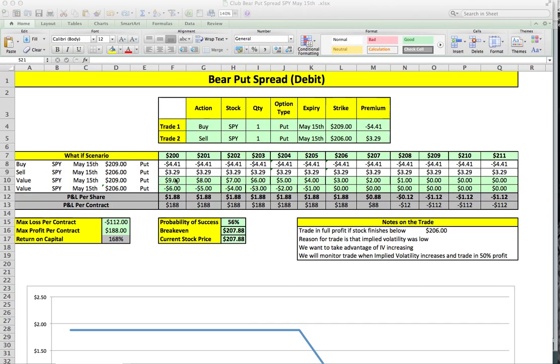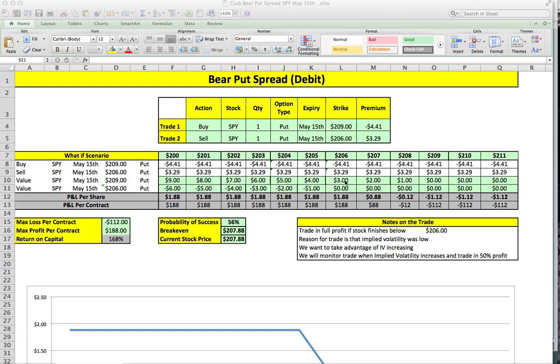This is the in the money value of that option. Just think about it logically: if you've got a piece of paper that allows you to sell something at a higher price than what it's currently worth, that contract has to be worth at least the difference. The difference between 200 and 209 is $9. That's what it's worth, and we do that all the way across.